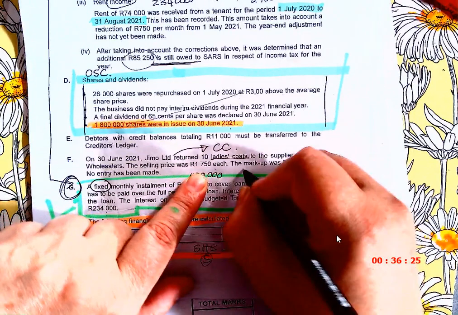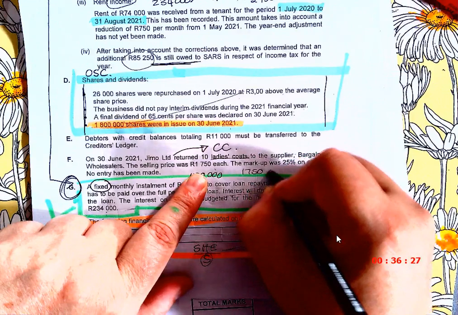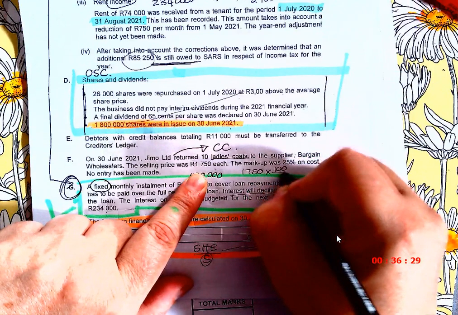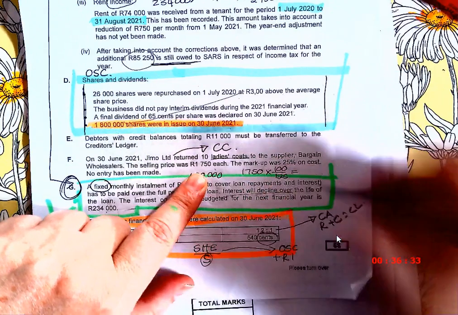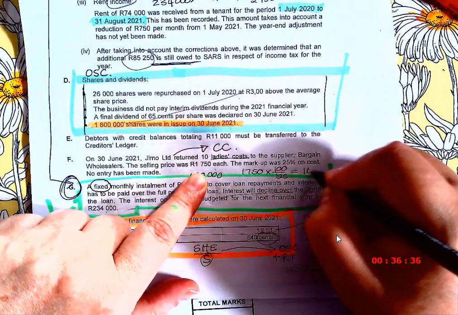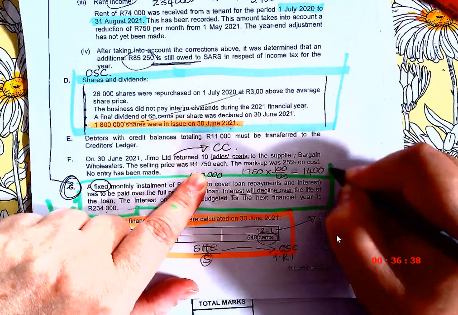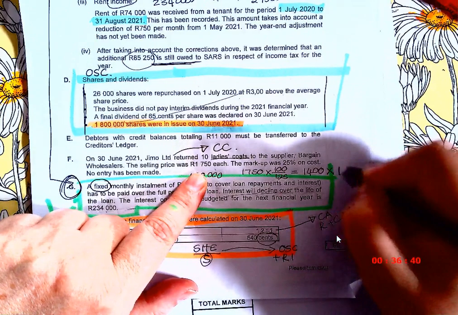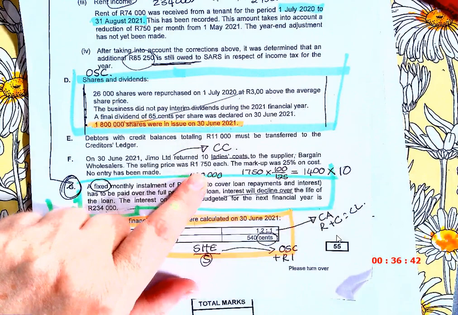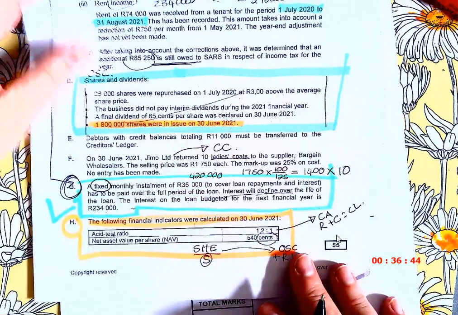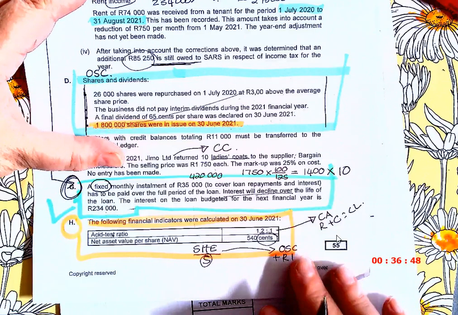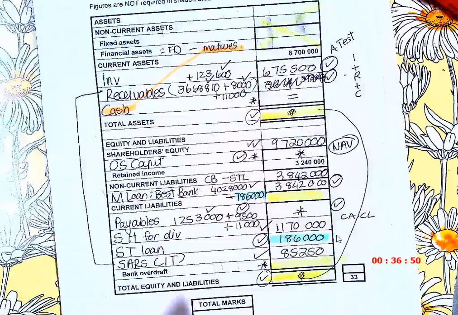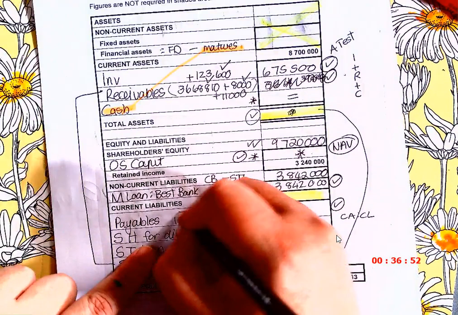So it's going to be 1,750 times 100 over 125, and that gives me 1.4. And how many suits? 10. So 14,000 is going to be returned. No entry has been made. So I'm going to subtract it here.